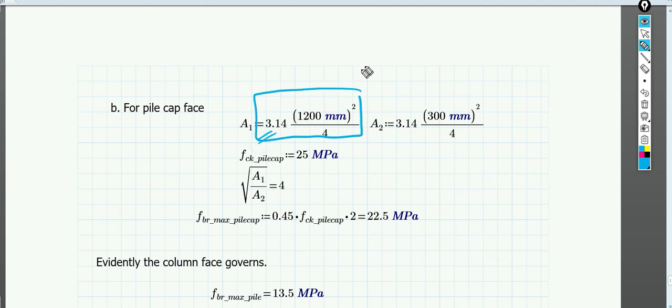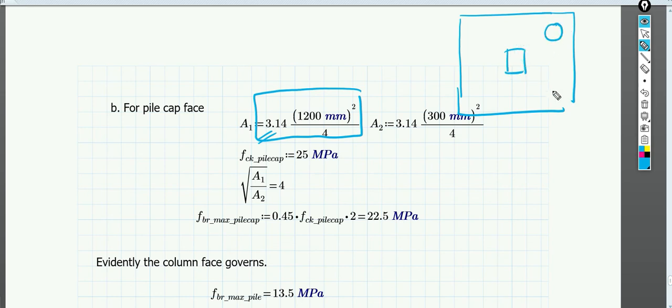So here you can see, suppose we have a pile cap over here, this is the column, we have the pile, and you can see that the spacing of the pile is basically 1200 here, and the total area that is actually covering, we are assuming that it is all along.